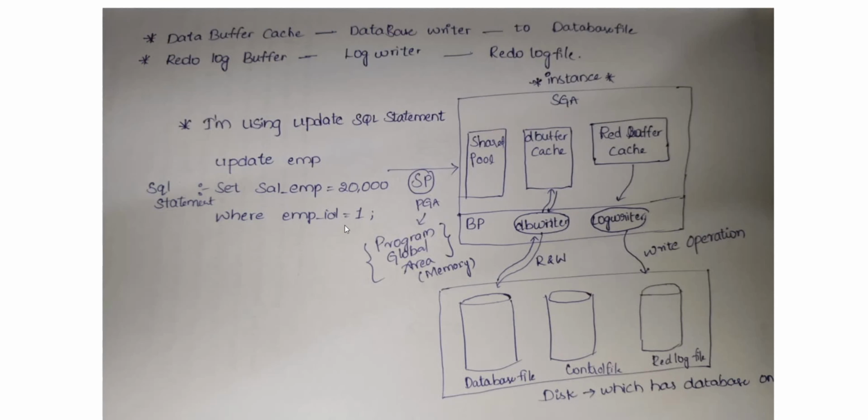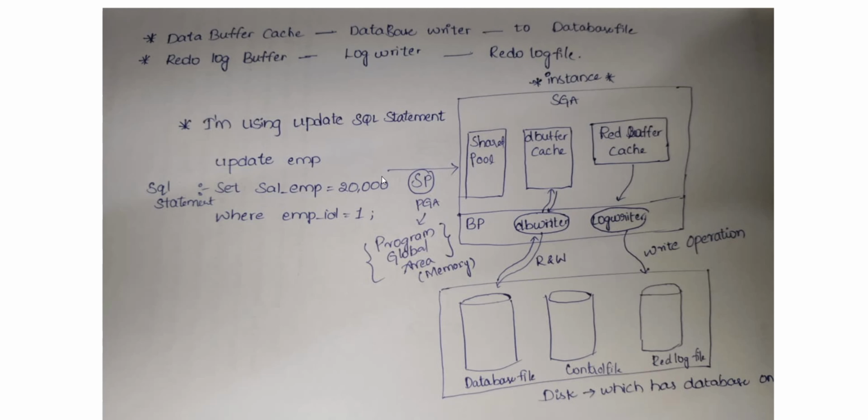SQL parsing is nothing but checking for syntax and semantic errors of the SQL statement and creating an execution plan for that SQL statement. If the SQL statement is executed and the parsing is done for the first time, then it is called hard parsing. And if the same statement is queried a second time or more, then the parsing is called soft parsing.